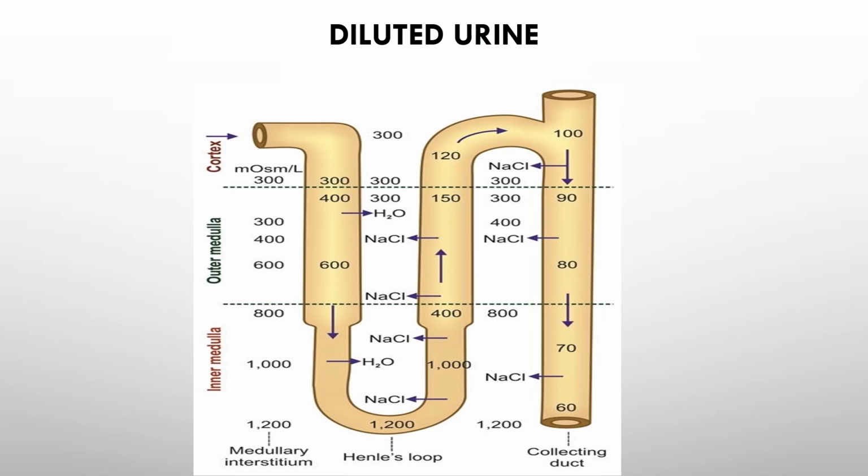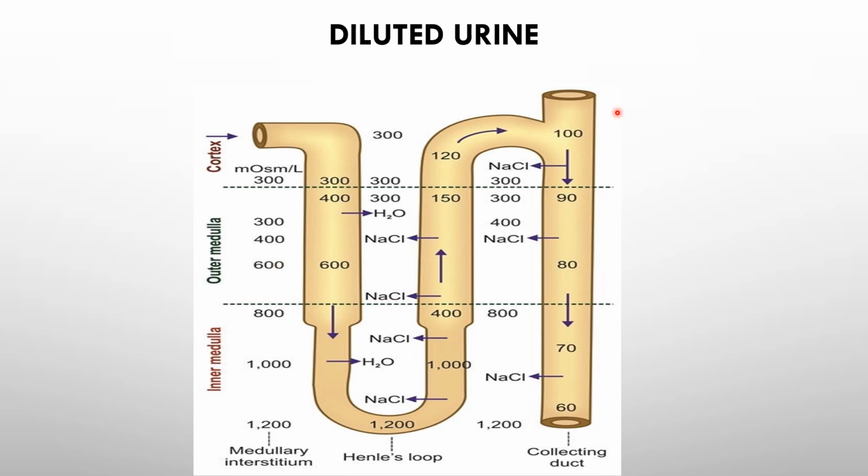Diluted urine. Let us see how the diluted urine is formed. It is formed when there is very low antidiuretic hormone or no antidiuretic hormone secretion, which is called diabetes insipidus, or when there is an antidiuretic hormone receptor defect in the nephron, or even when there is excessive fluid intake.